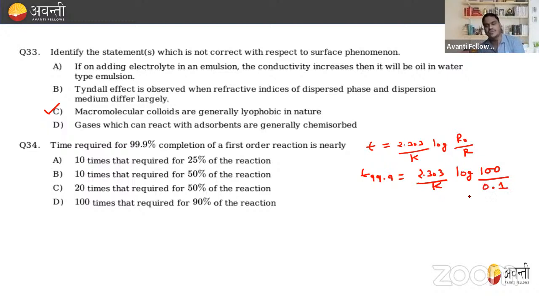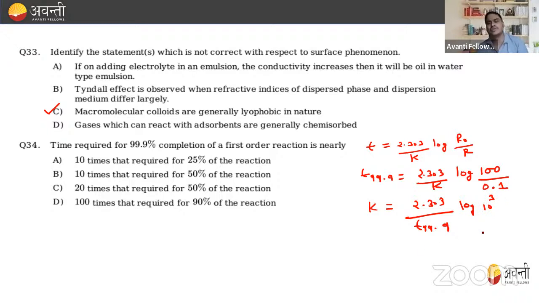So here k comes out to be 2.303 upon t99.9, log of 100 by 0.1, which is 10 raised to the power 3.